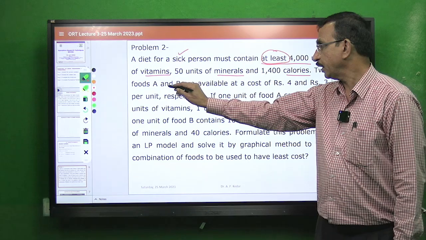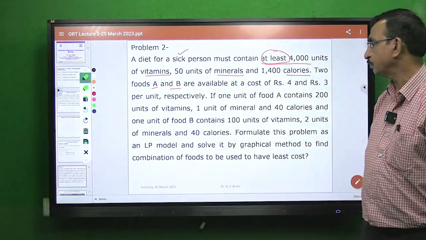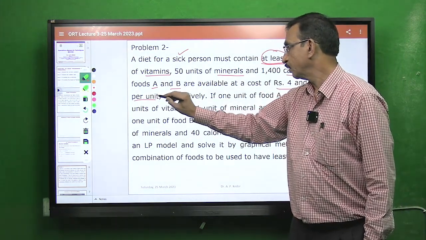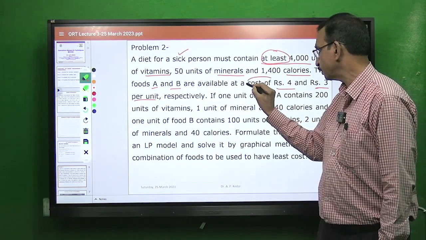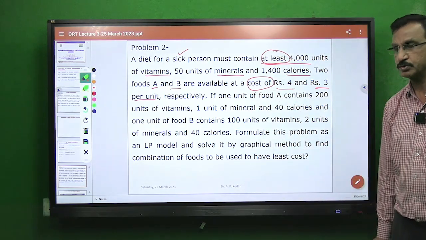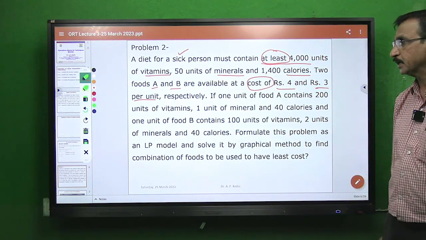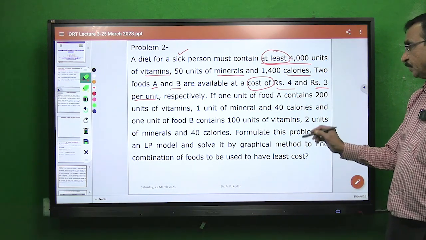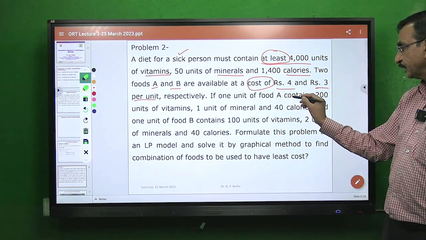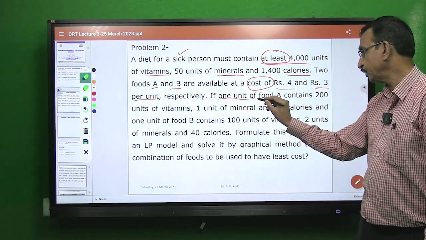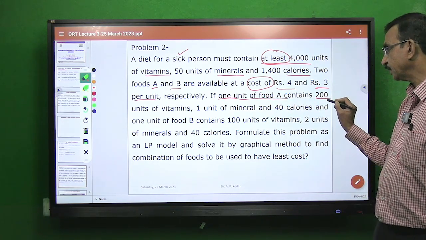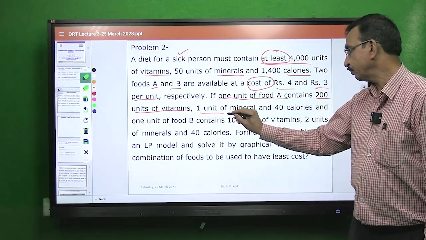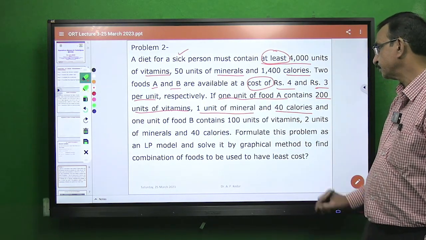Two foods A and B are available at a cost of rupees 4 and rupees 3 per unit. Now in the last problem it was given as profit, here it is given as cost. 1 unit of food A contains, this is important, 200 units of vitamins and 1 unit of mineral and 40 calories.